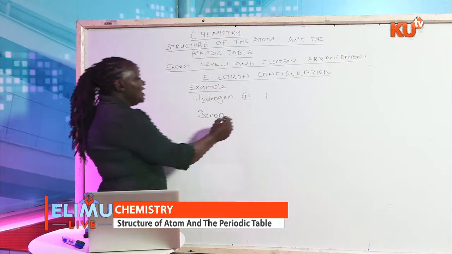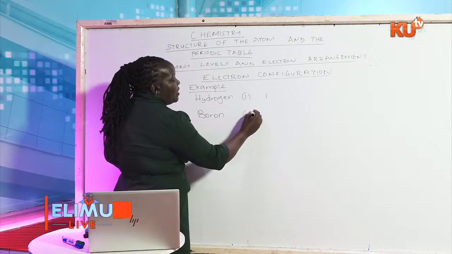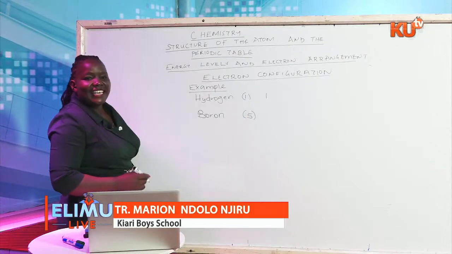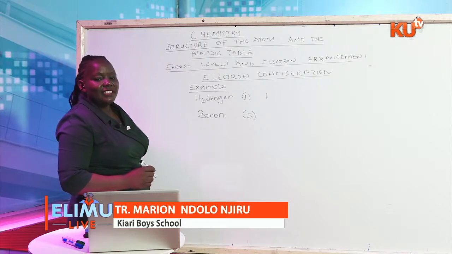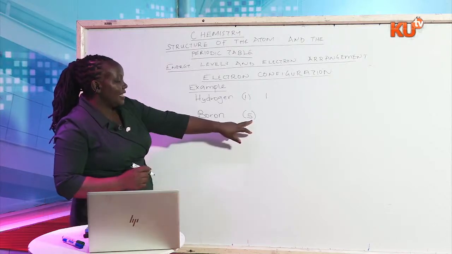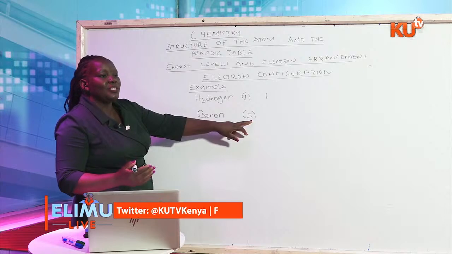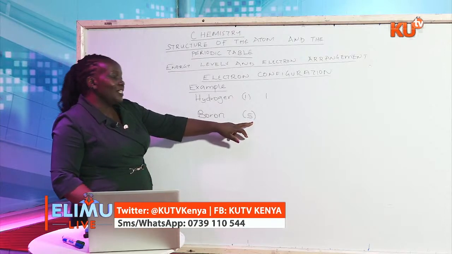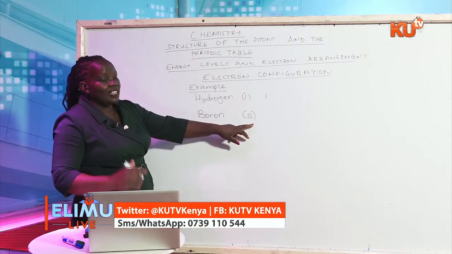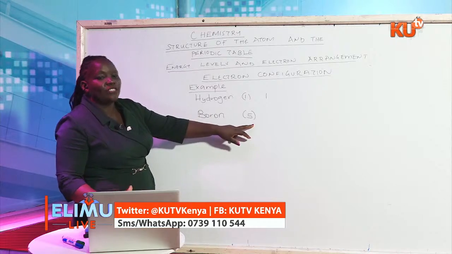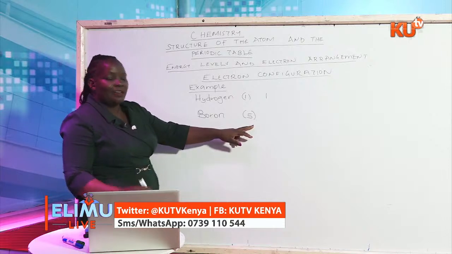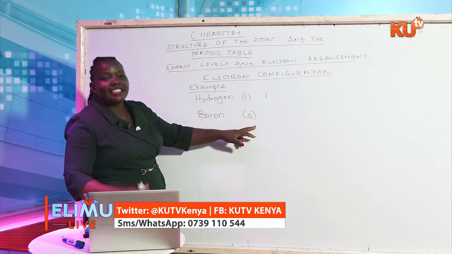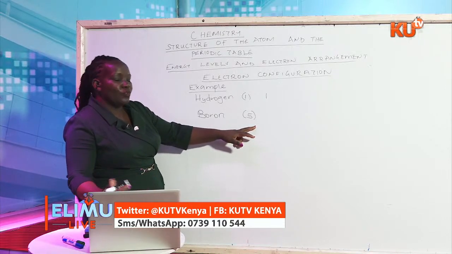These electrons are going to be distributed in different energy levels. We start with the first energy level, moving outwards. We said we number them starting from number 1, the one that is next to the nucleus, then the one that follows as you move outward.